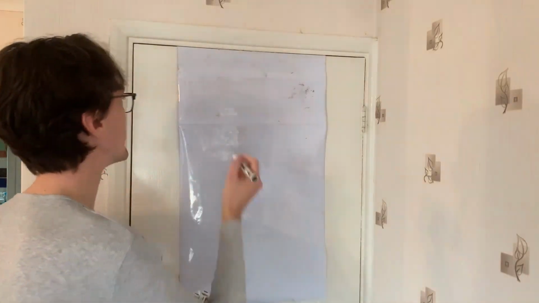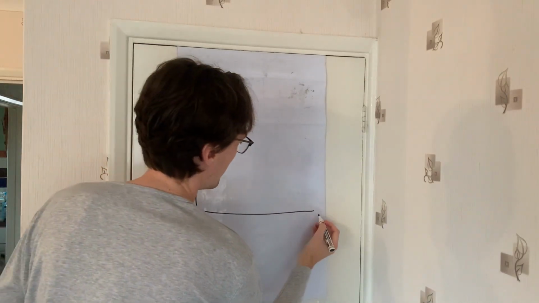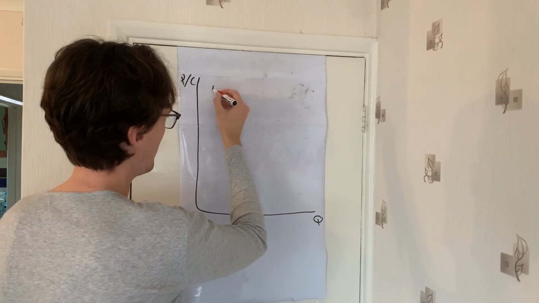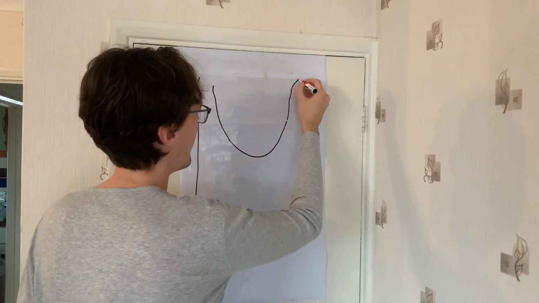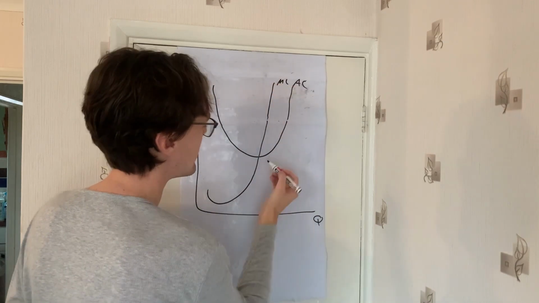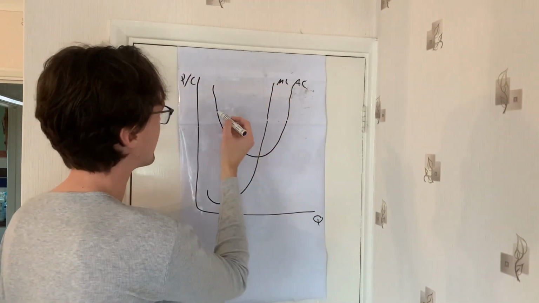That looks like this on a diagram. So we have quantity, we have price slash costs, average costs, marginal cost. Remember, this should cut through at the lowest point. I've tried to make it do that.